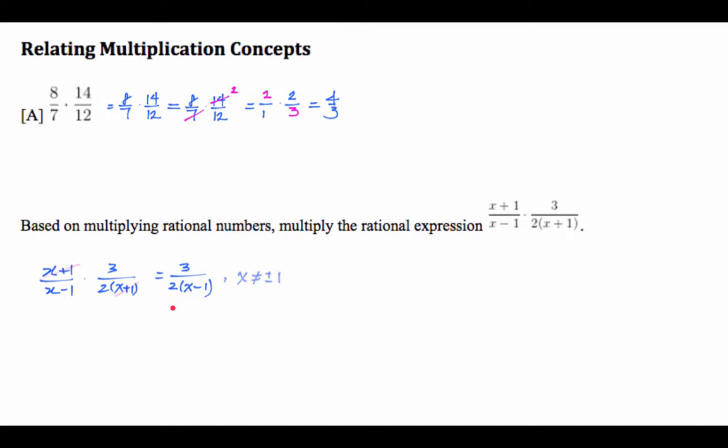So you have to indicate the fact that it can't be negative 1. While you're at it, you could even mention what else it can't be, which is x cannot be 1 either. So this right here is called the excluded value, right? Once you state that, the question and the expression that we obtained are in fact the same. All right.